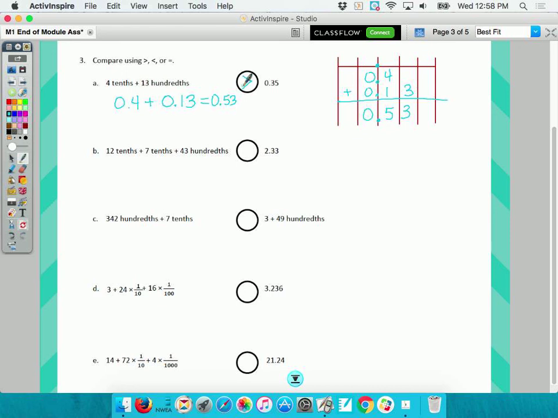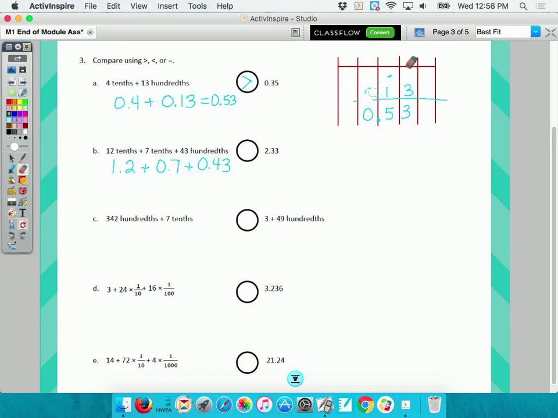Okay? Same thing on the next one? 12 tenths. How do I write that instead? 1.2. Good. Plus 7 tenths. Now you can attempt to add this just with our little v's like we did, okay? But you know me, I'd really rather get it right.